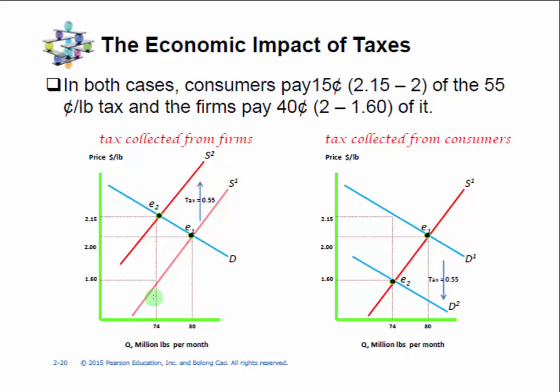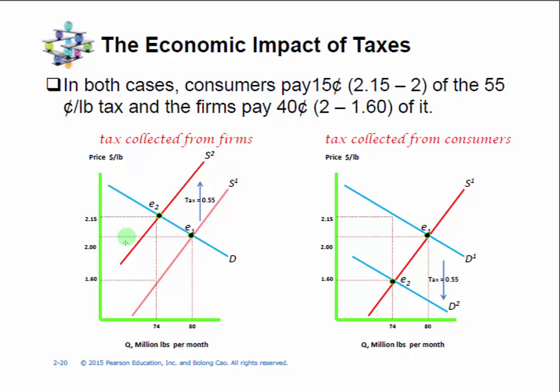In the picture on the left, we have the after-tax equilibrium at 215. The buyers pay 215, and the government takes 55 cents away, so the sellers only receive 160. Compared to the previous no-tax equilibrium, the consumers pay 15 cents more, so the firms receive 40 cents less.